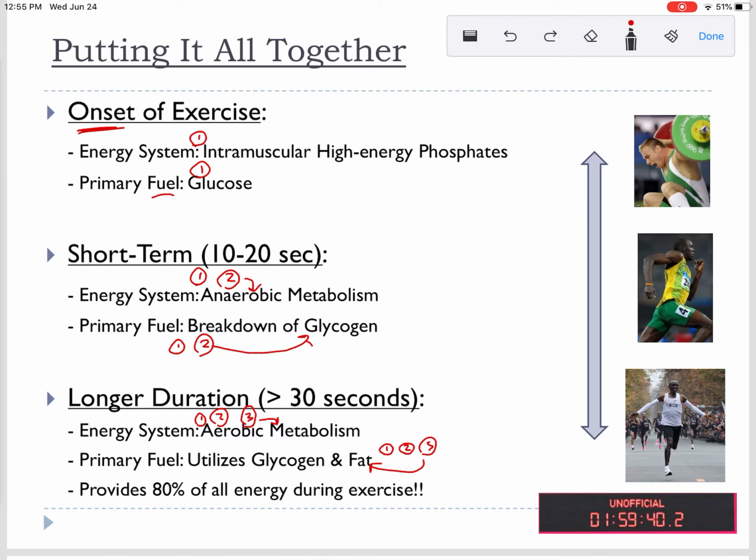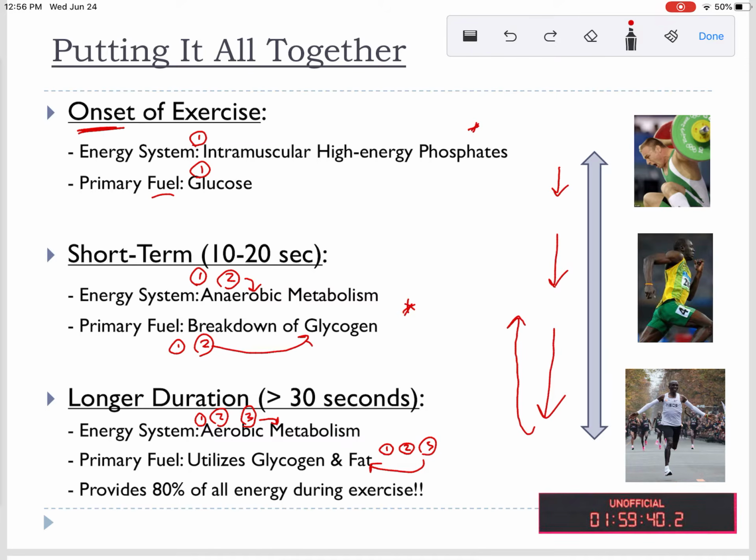Now I want to point out this is a continuum. Because sometimes, let's say you're a runner, onset of activity, you're doing great, you keep running, you get into this energy system, and maybe you even get past here. But what if you become fatigued? It's possible for you to backtrack a little bit. Maybe you don't have as much oxygen available, you're a little bit more out of breath, and you're not able in that moment of running to bring enough oxygen to the muscles, so you may have to backtrack to use some anaerobic means.